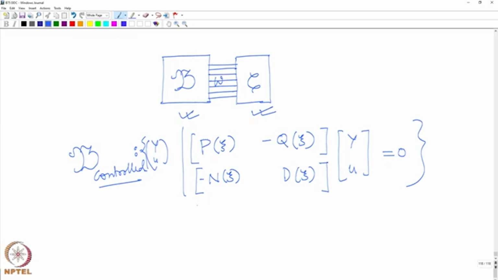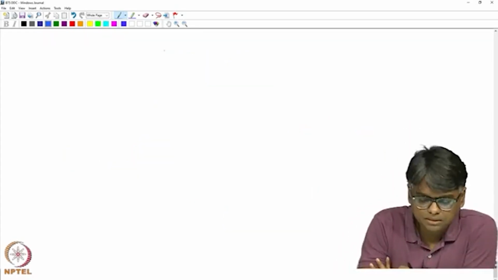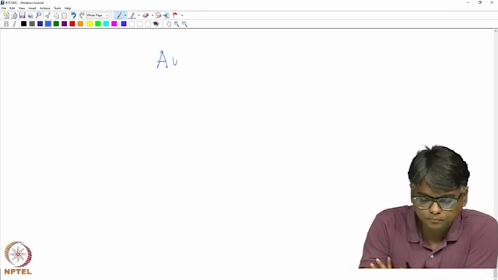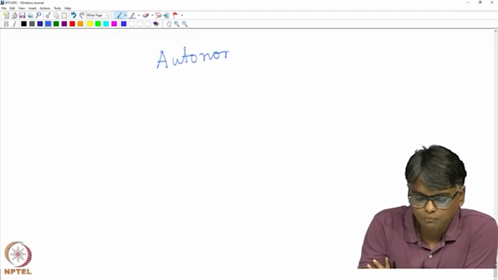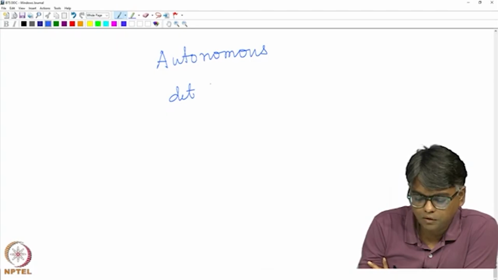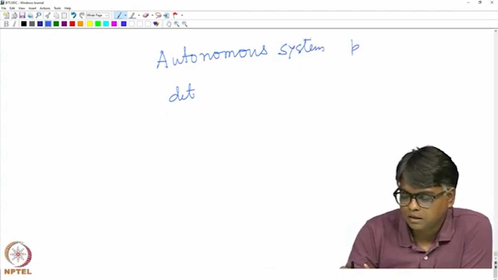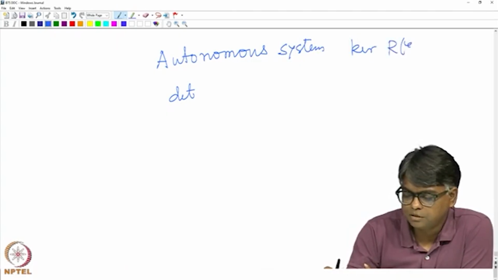Well, to make it autonomous we should have this to be a square matrix, such that, now if you remember when we talked about autonomous systems, we needed to find out the determinant of, say, the kernel of R(ξ), where R is a square matrix.